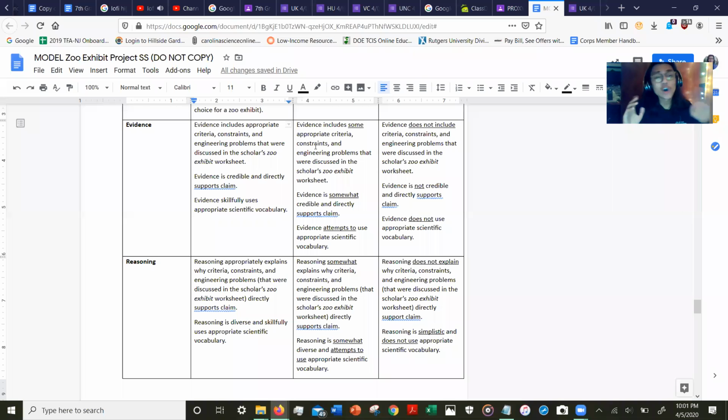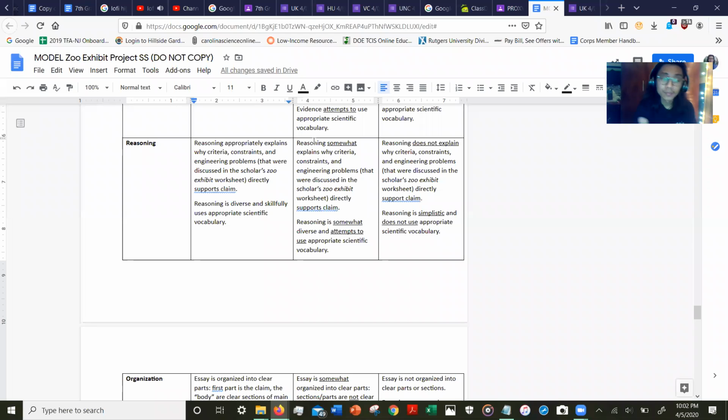So you're not using all your constraints, not using all your criteria, not using all your engineering problems, only the ones that are relevant to your answer, yes, my organism is a good fit for a zoo exhibit, or no, my organism is not a good fit for a zoo exhibit. It needs to be relevant to your answer. That's what makes this persuasive.